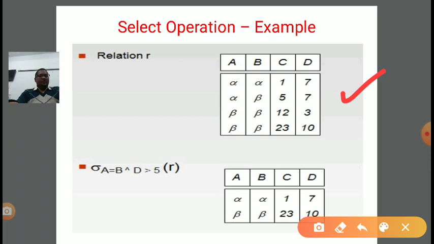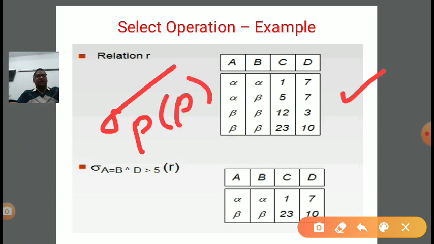Now, if you want a relation where the D column values are greater than 5, then with the help of the select operation, how do we write it down? The symbol of the operation is sigma, and here we need to write the predicate, and in brackets the relation name.